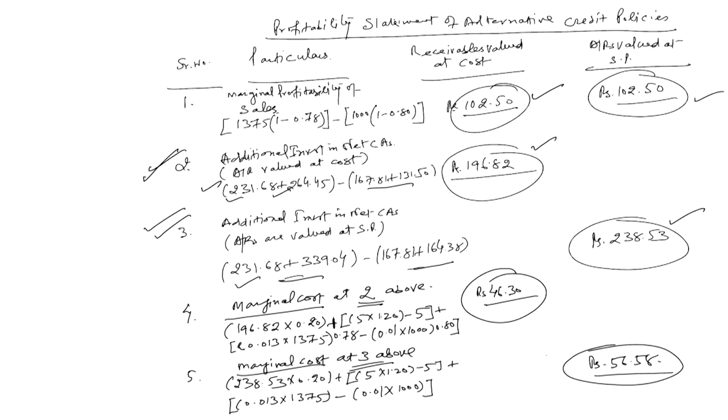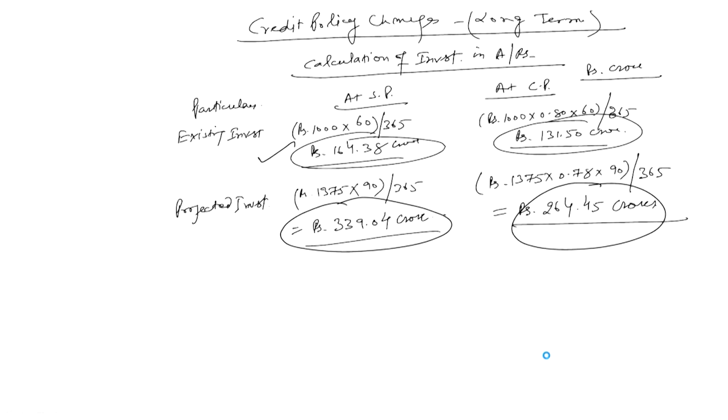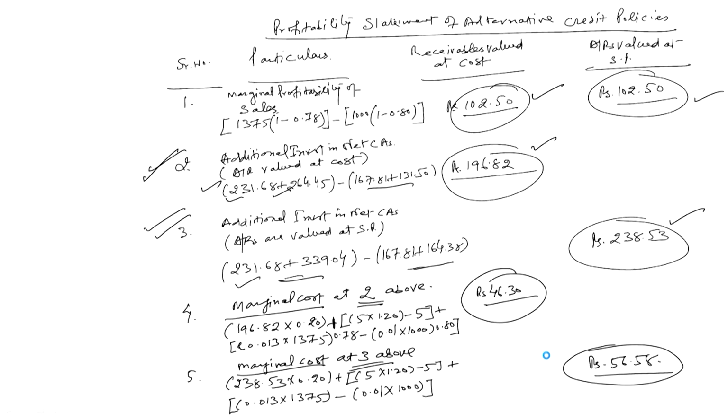When we analyzed the whole situation, we found out how much investment is required in the accounts receivables at cost and selling price, that additional investment, and then we saw that the total investment will also go up, that is the investment in accounts receivables as well as in the other current assets. So, we then applied the concept of incremental analysis, where we calculated three things.